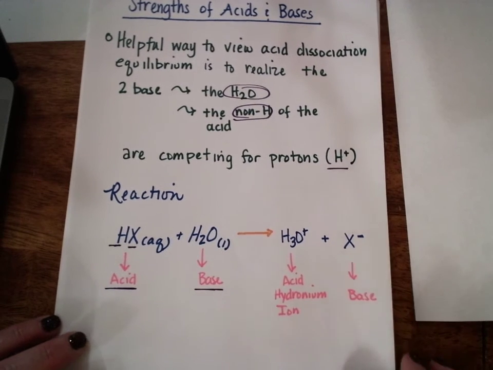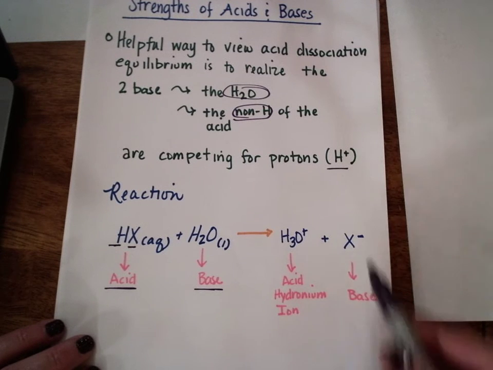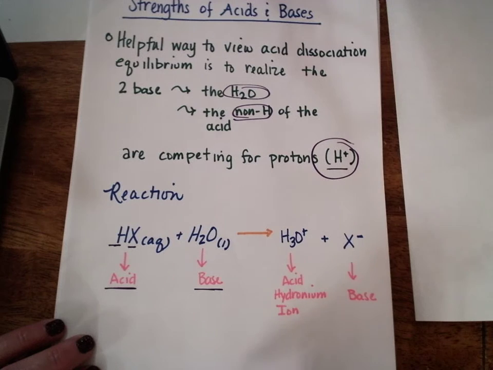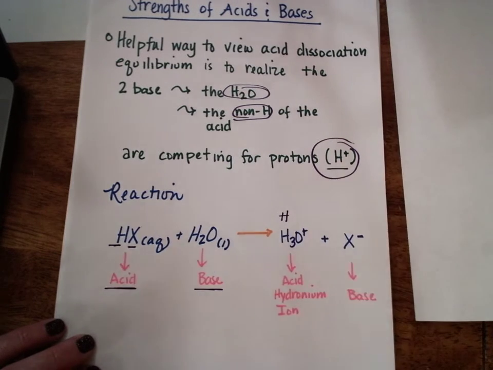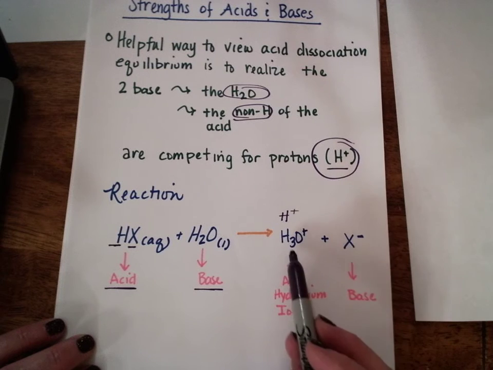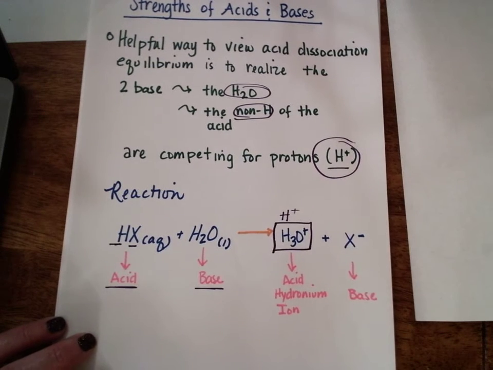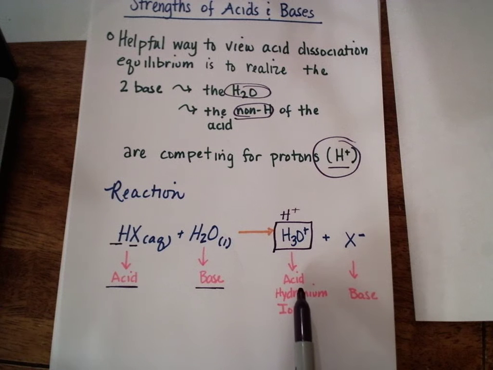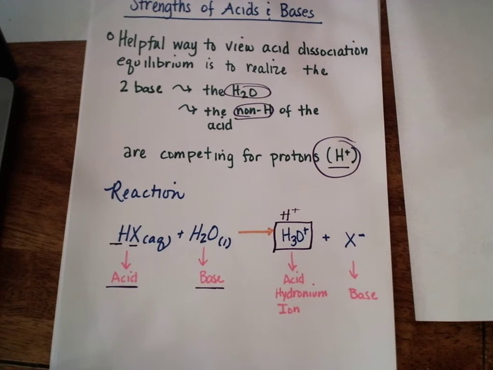When it dissociates in water, lots of times you're going to see, or you're going to read, like up here, we talk about H pluses. Sometimes it'll be written as H plus if it's in a picture, or if somebody's talking about it, but truly what happens is that free proton hooks up with the water, and I end up with this H3O plus, which then acts as an acid, and that's actually called the hydronium ion.